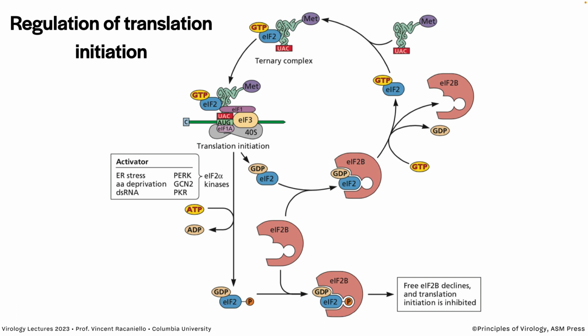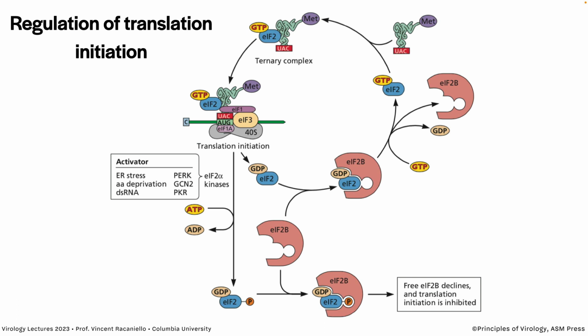So EIF2 is an initiation protein that comes in with the tRNA. So there's the tRNA with the methionine. And you see EIF2 there has GTP, guanosine triphosphate, bound to it. But when the 60S comes in, that GTP is hydrolyzed, the energy is needed for the subunits to come together. And now you have EIF2 with GDP.